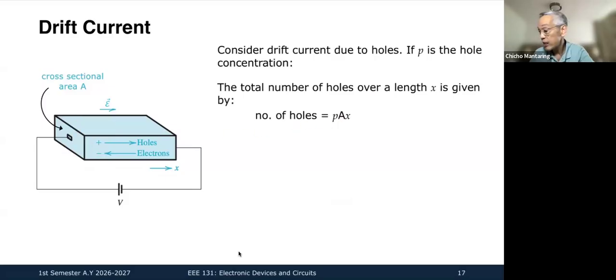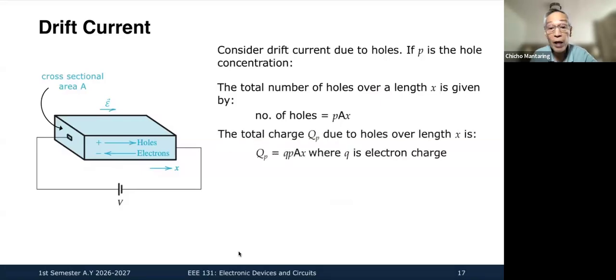So this is volume, and this is concentration. If I multiply concentration by volume, I'm going to get my number of holes.